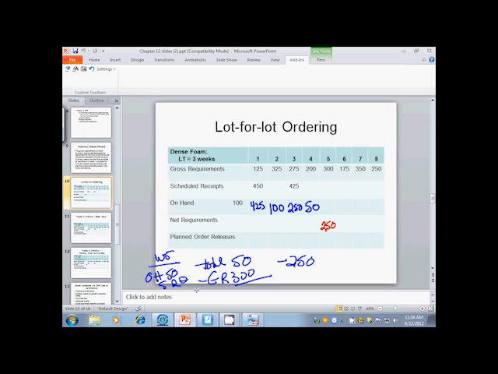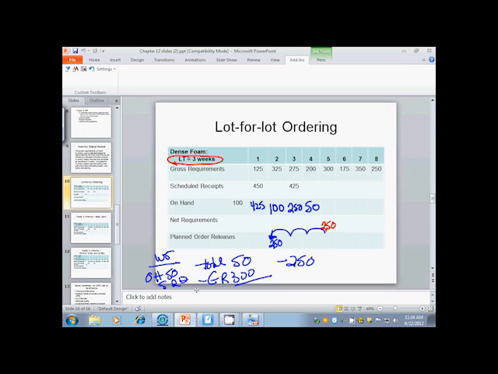So 250 units, I have a lead time of 3 weeks, which means I need to go back 1, 2, 3 weeks to place an order. In lot for lot ordering, we order the number that we need, no more, no less. So I'm going to order 3 weeks in advance, or in week 2, 250 units.